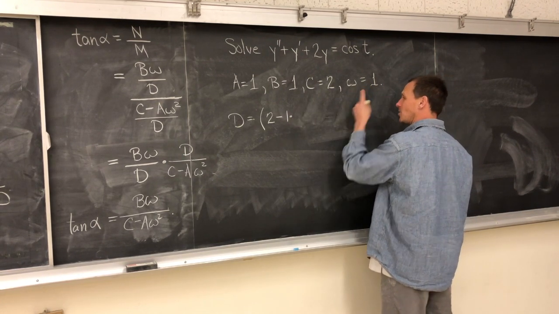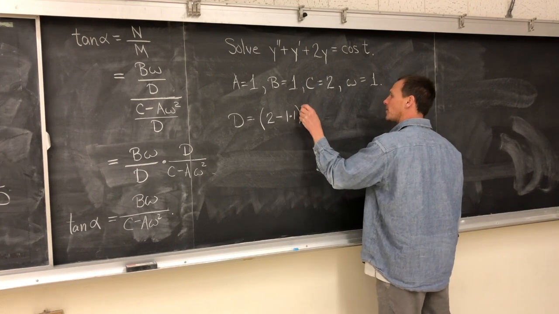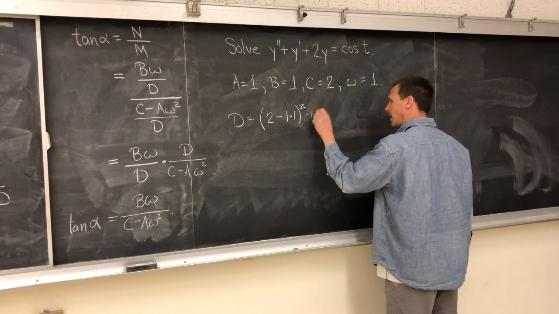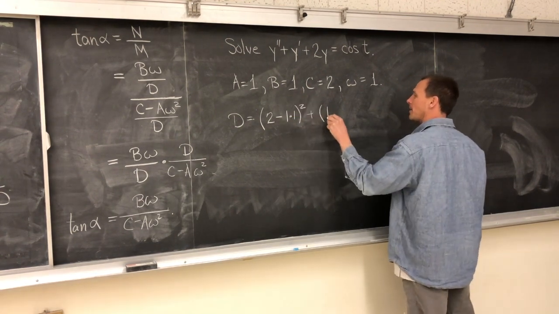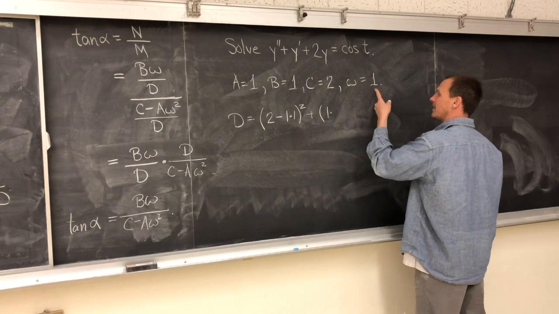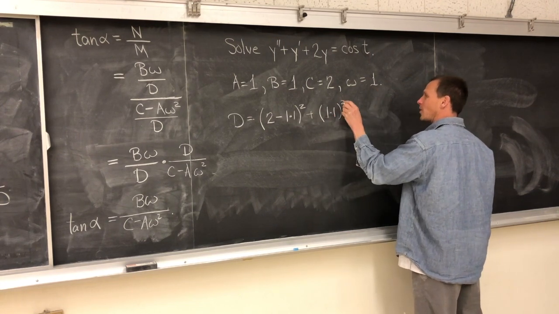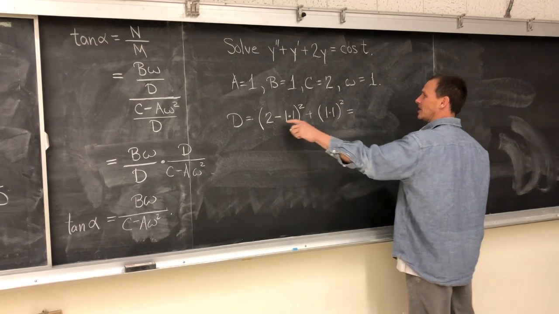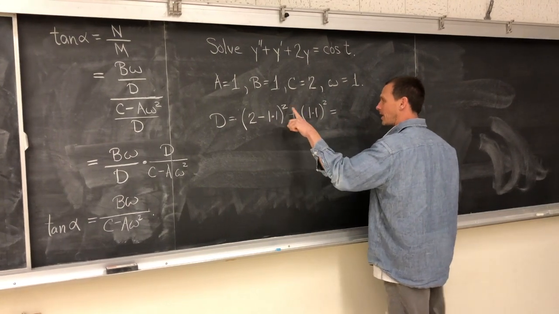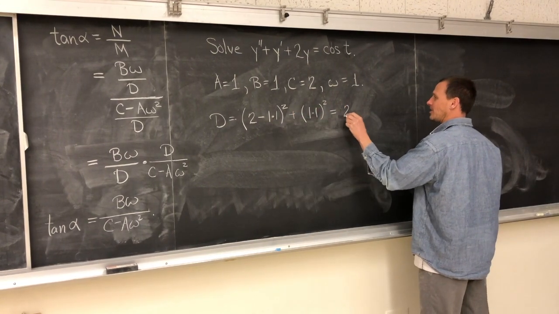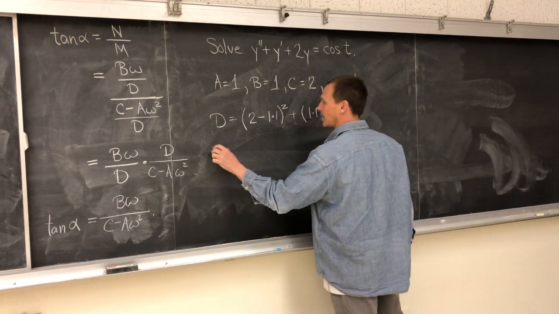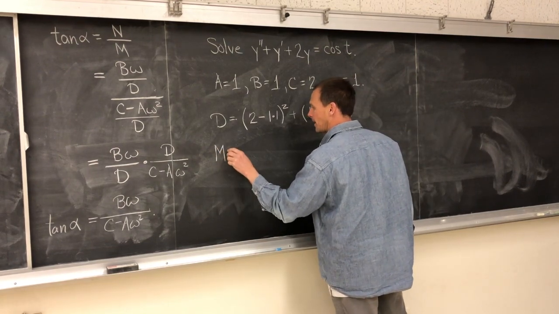Square it, it's still 1. And square that. Plus B, that's a 1, times omega, that's also a 1, and we square that. Let's see, 2 minus 1 is 1, squared is 1. 1. Oh, look at that. D is 2.